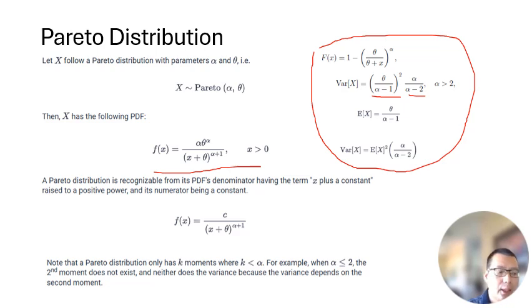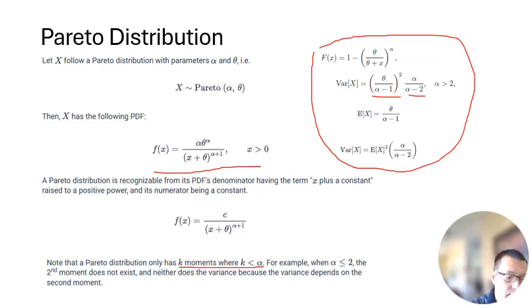But generally, why do they say the distribution only has the k-th moment where k is less than alpha? This can be explained like this.